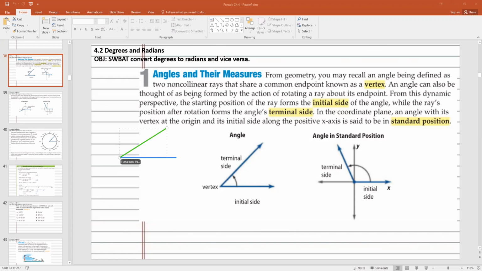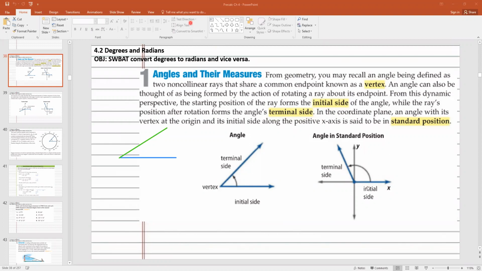All right, and then our vertex is the pointy part of the angle. Now in standard position, this is going to be on a coordinate plane. Notice that the initial side is on the x-axis, the positive x-axis.